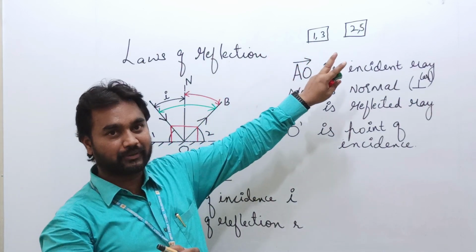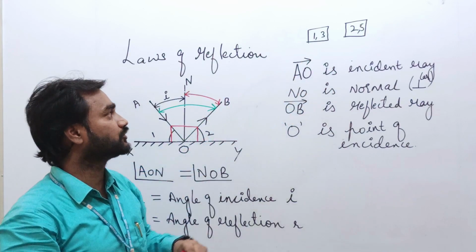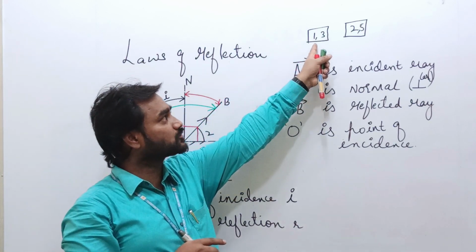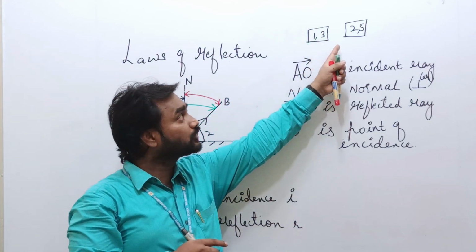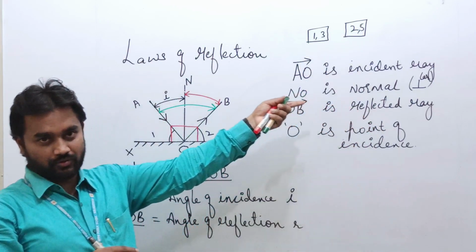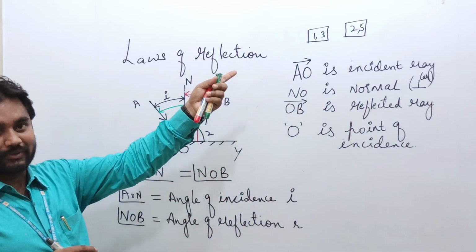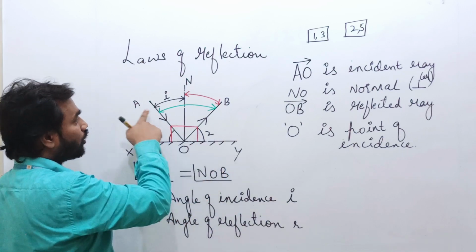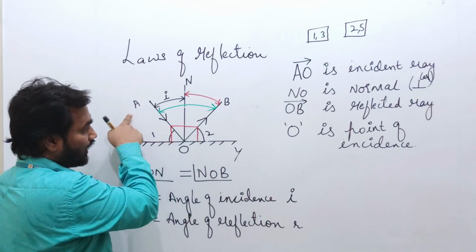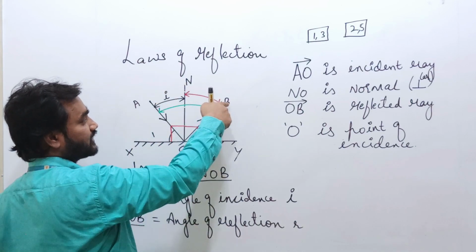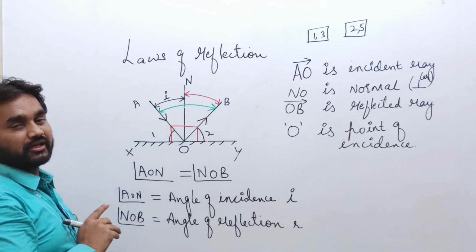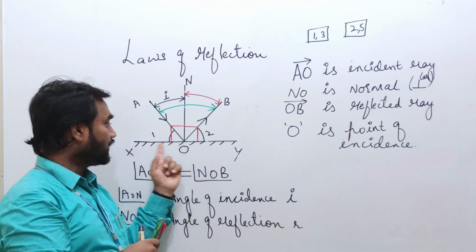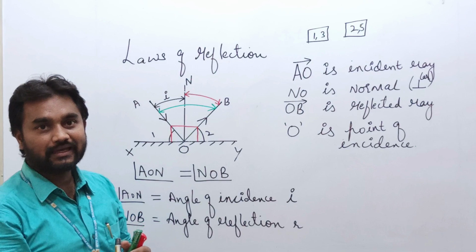They are on different planes. Each has its own boundary, so they are two different planes. Here XOY acts as a plane, so the incident ray AO, the normal NO and the reflected ray OB all lie on the same plane XOY at the point of incidence.